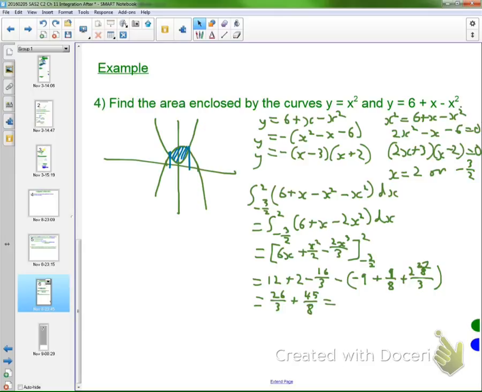Then adding these two together, we get 343 over 24, which is 14.29. And we are done.